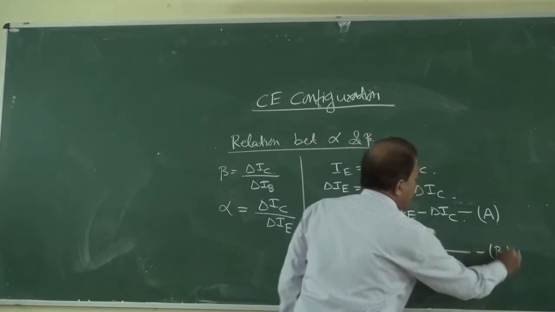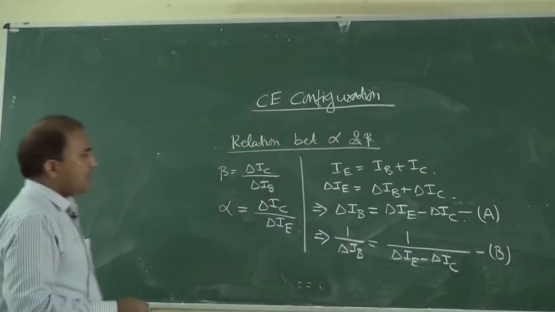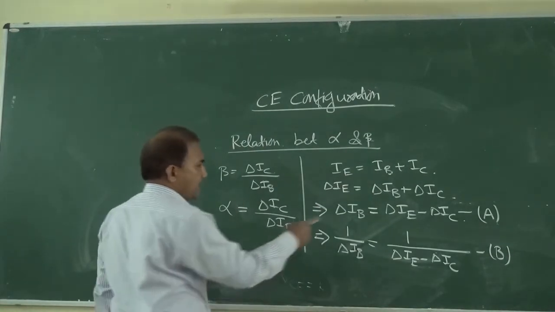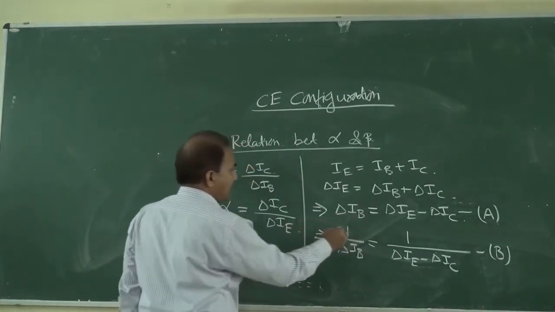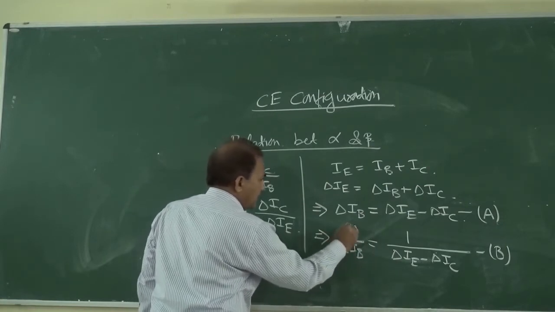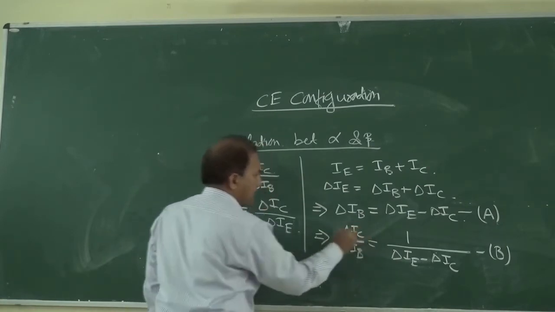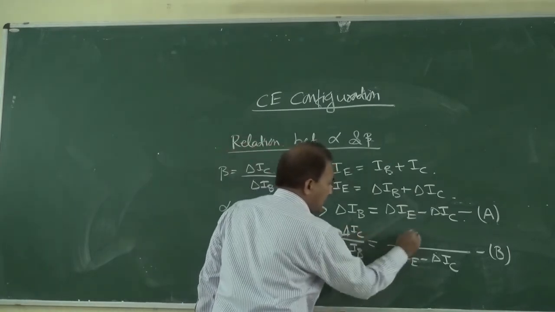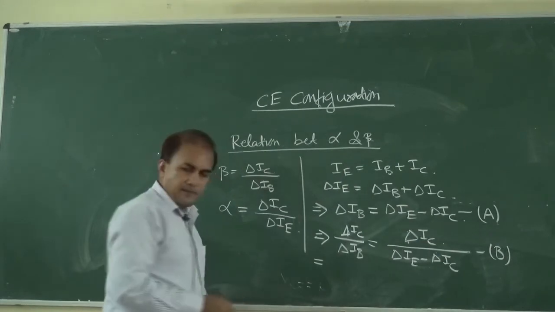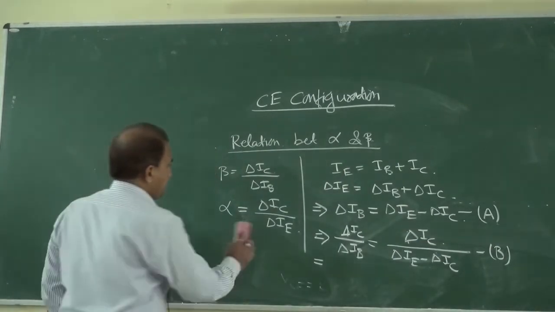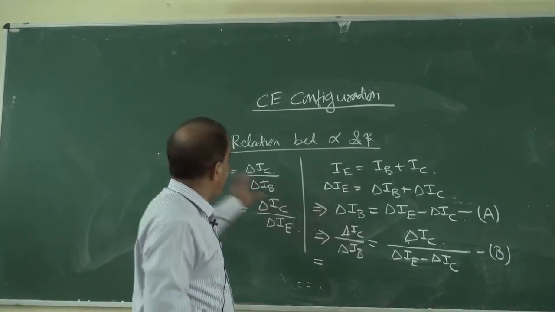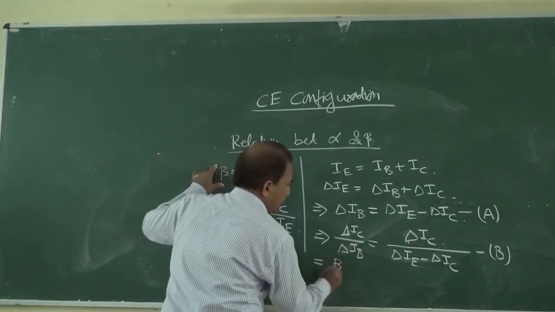Suppose this is equation B. Now, in equation B we multiply by del IC, so it will be del IC by del IB, which is equal to beta.